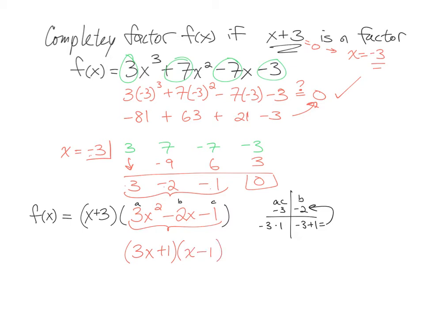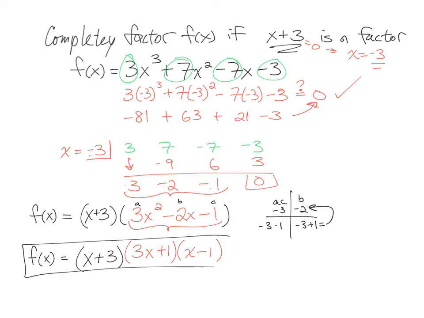So the whole function now can be completely factored in this form. And that's it. I guarantee, if you multiply all of this out correctly, you will end up with exactly what we started with in the original function.